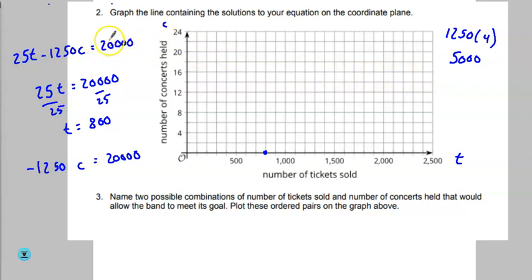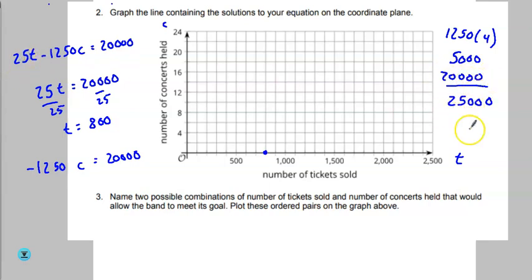So if you add that to the $20,000, you're going to have to sell $25,000 in tickets to make up for the $5,000 that it's going to cost to have the 4 concerts and have enough left over to meet your fundraising needs.